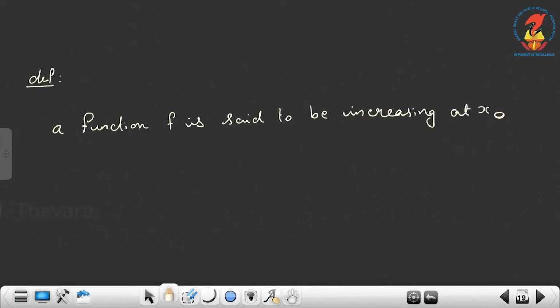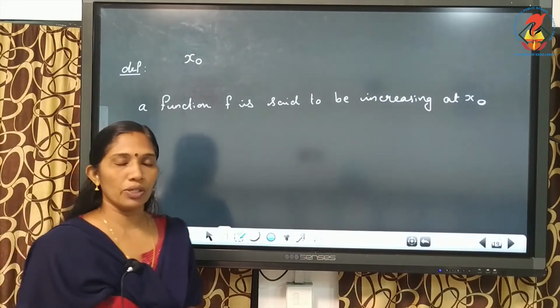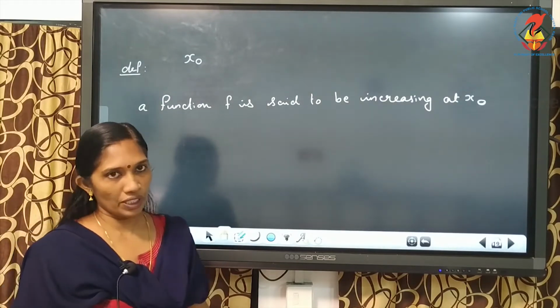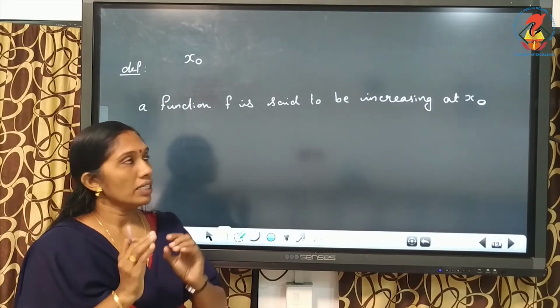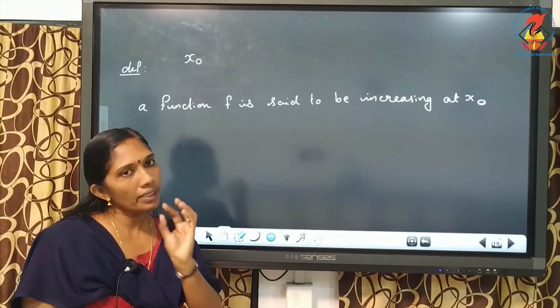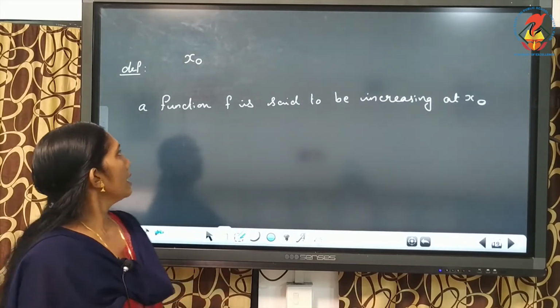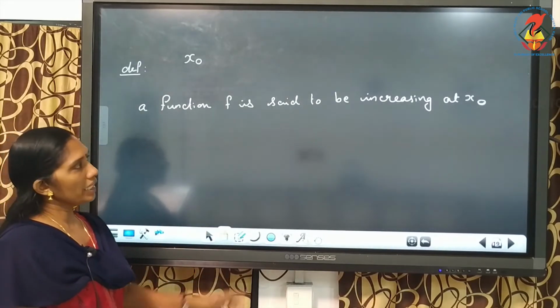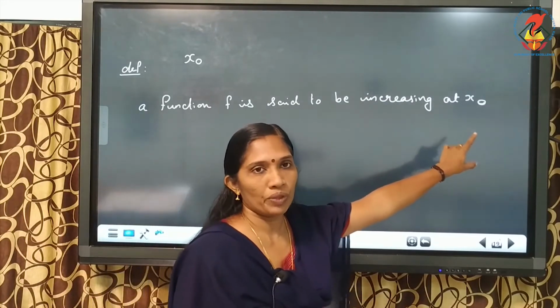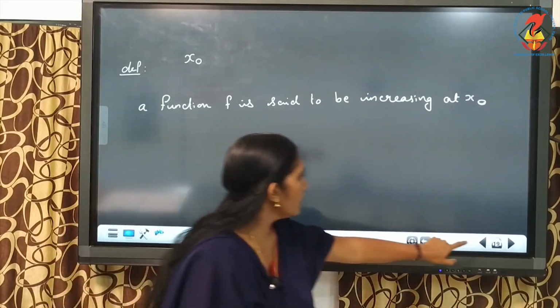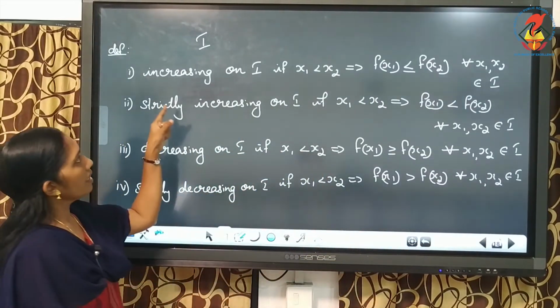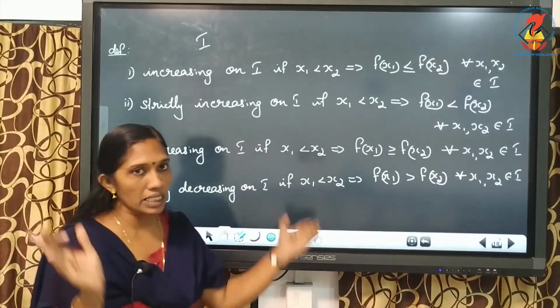Then one more definition, that is, let x0 be a point in the domain of definition of a real valued function f. Then a function f is said to be increasing at x0. In the previous one, the function is said to be increasing on I, that interval.